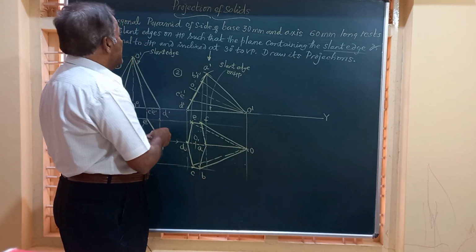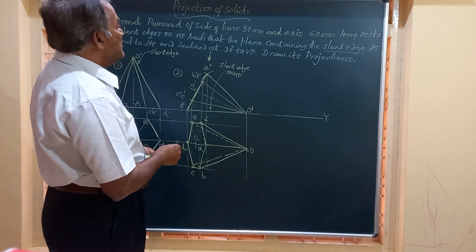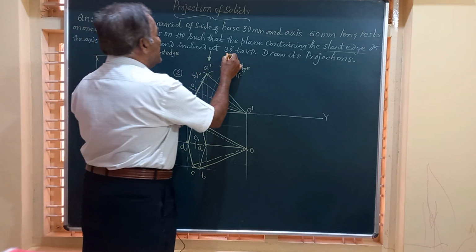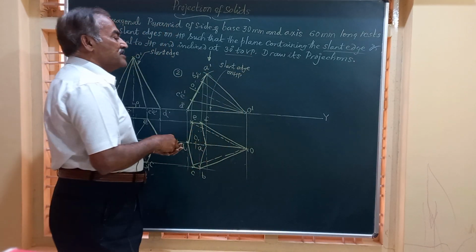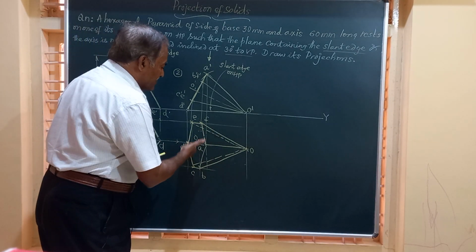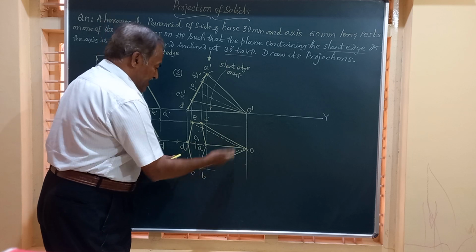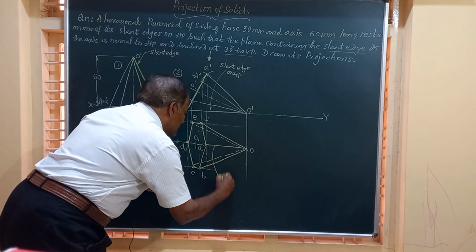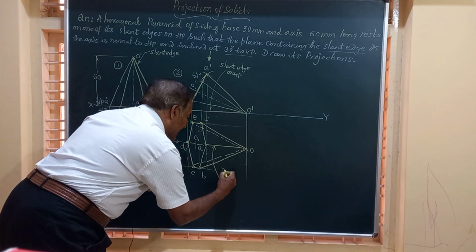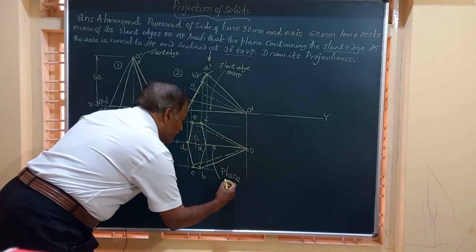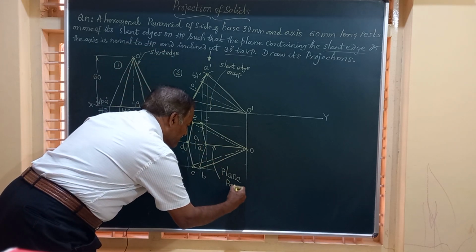But in the question he says, draw its projections when that plane is inclined at an angle of 30 degrees to VP. So friends, what is to be done? I have to redraw this figure. The top view said that OD, that is the plane containing the axis and the slant edge, is parallel to VP.